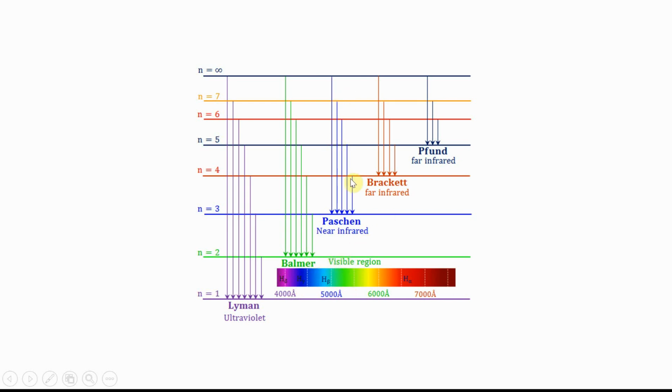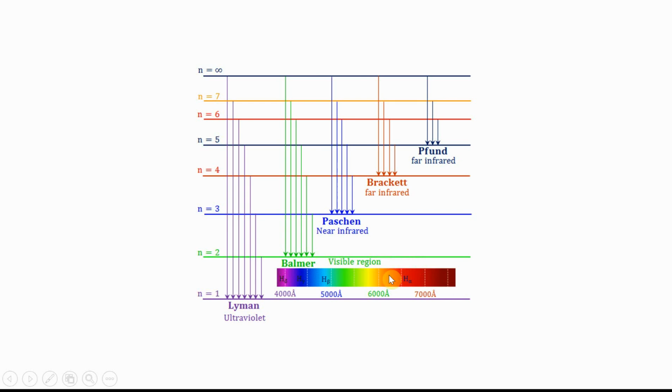Then next the Paschen series: every electron comes from any outer orbit to the third orbit, and it lies in the infrared region, with a wavelength range of around 6000 angstrom. Then the Brackett series will be in the far infrared region, and the Pfund series also lies in the far infrared region.